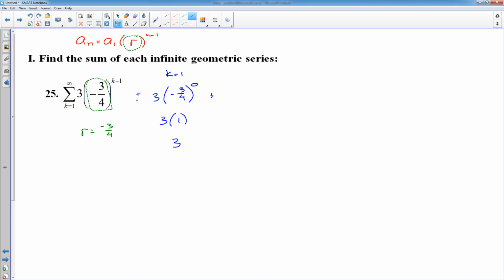My next term would be 3 times negative 3 fourths to the 2 minus 1, because I'm plugging in 2 for k now. I started at 1, plug in 2. That would be 3 times negative 3 fourths. The 3 is over a 1, so we would multiply straight across. 3 times negative 3 is negative 9. 1 times 4 is 4.